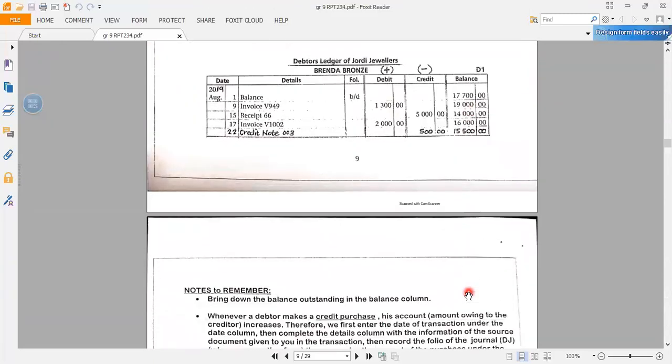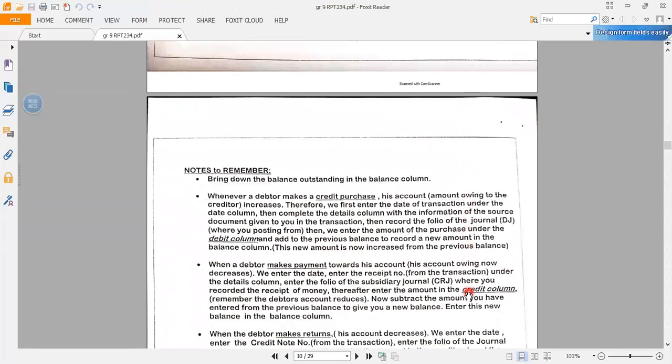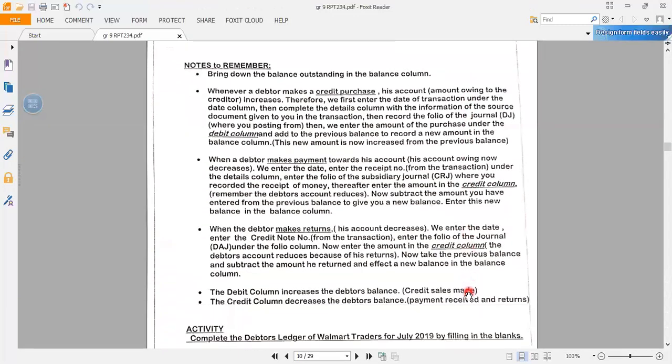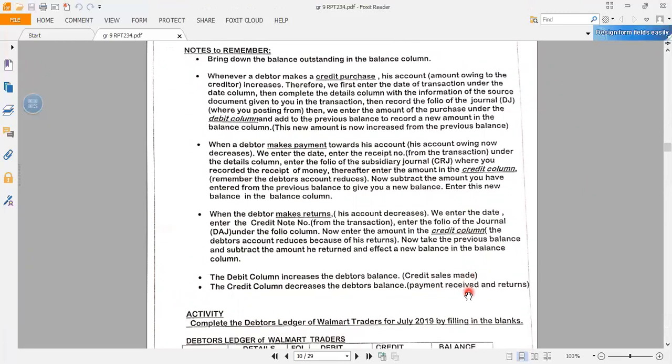I'm on page 10 now. These are little notes to remember when you complete the debtors ledger. Let's look at these notes. You bring down the balance outstanding in the balance column. Whenever a debtor makes a credit purchase, his account to the creditor increases.